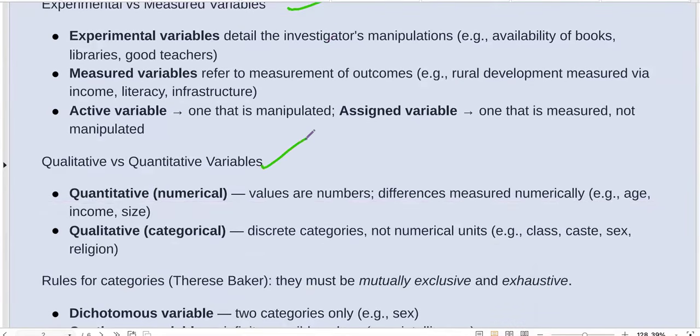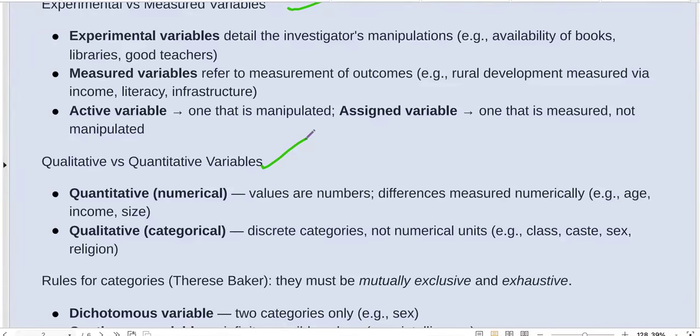We also have qualitative versus quantitative variables. In the previous lectures also, I talked about quantitative being things which can be quantified, numbers. If I have to analyze the difference between income, age, or health condition, these can be quantified. Then we have qualitative, in which there are no numerical units.